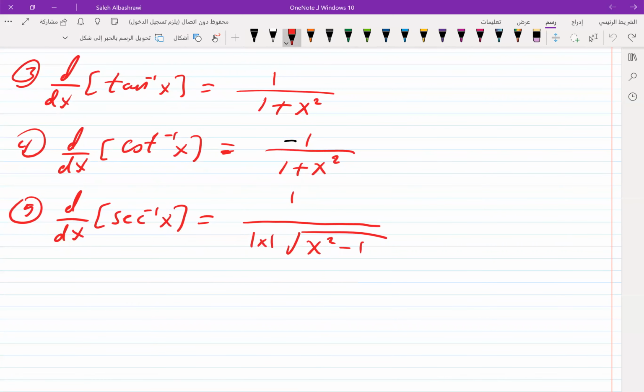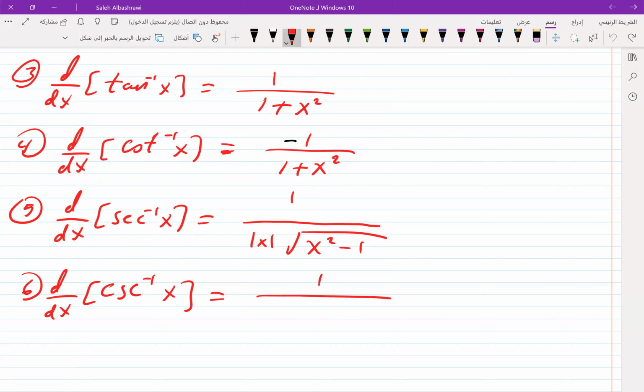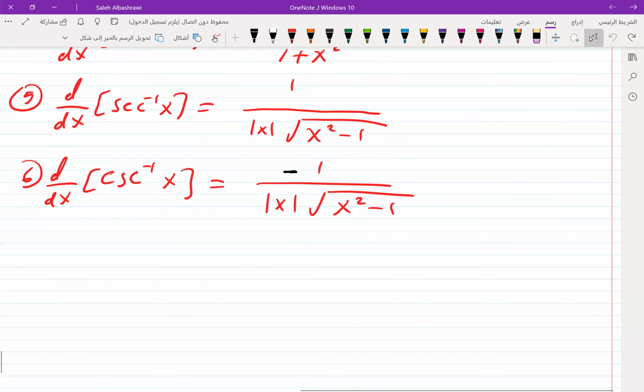And the last one is cosecant inverse, which is equal to, again, 1 over the absolute value of x multiplied by the square root of x squared minus 1, and again we have a negative sign for the cosecant inverse. So it is minus 1 divided by the absolute value of x multiplied by the square root of x squared minus 1. Now these are the formulas for the derivatives of inverse trigonometric functions.